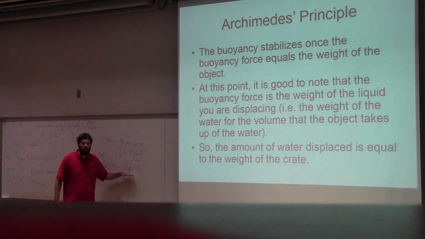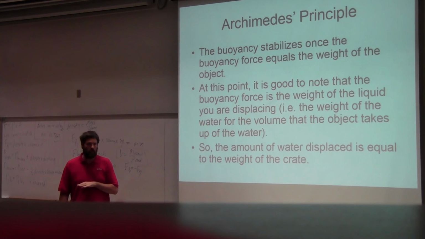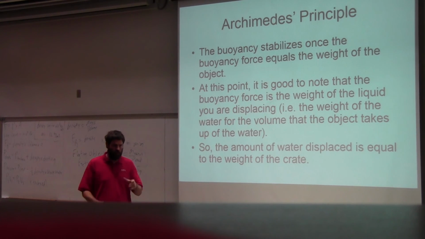When an object is floating, the buoyancy force equals the weight of the object. Which means that the weight of the water displaced will be equal to the weight of the object. So you fill up your cup full of water, you put your rock in a paper cup big enough so that the total density of the cup is less than water, so it'll float, and you stick it in the water.